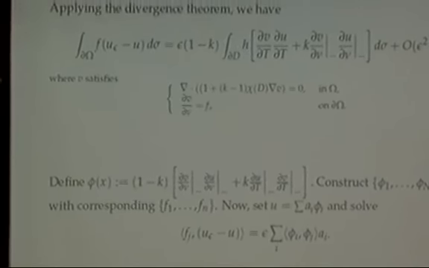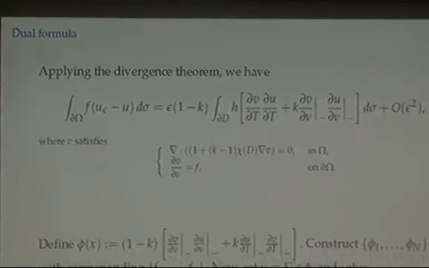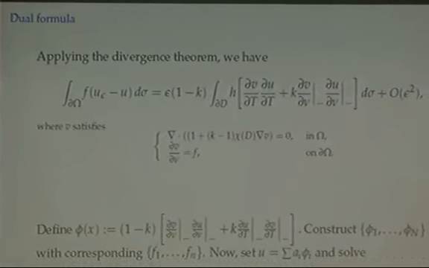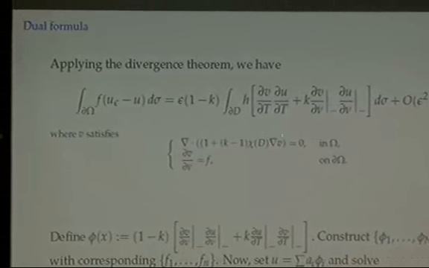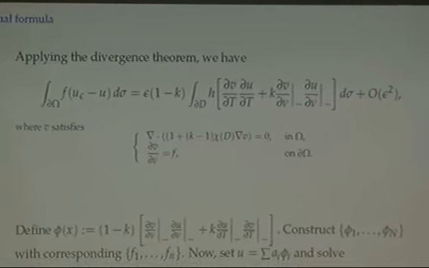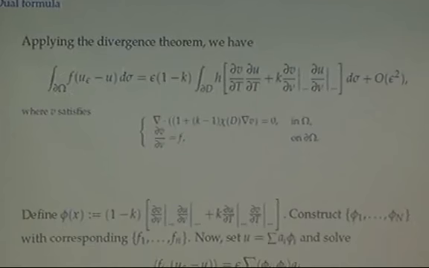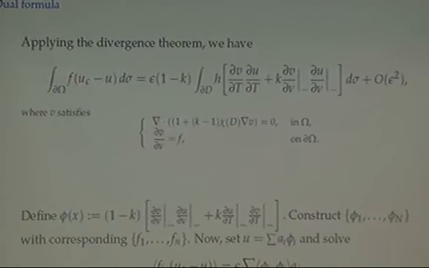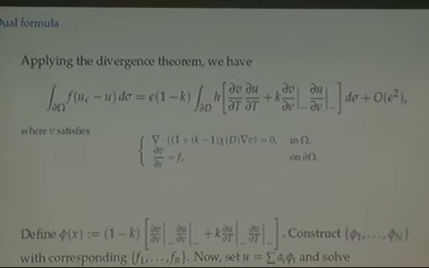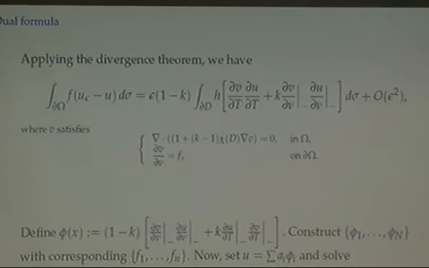So you multiply by V, and V satisfies the same equation as U with our initial guess. Then applying the divergence theorem, your boundary measurement data becomes an integral on the boundary of D. So this 1 minus k we know already, and D is our initial guess, and h is the unknown function, and this bracket part is the function that corresponds to our initial guess.